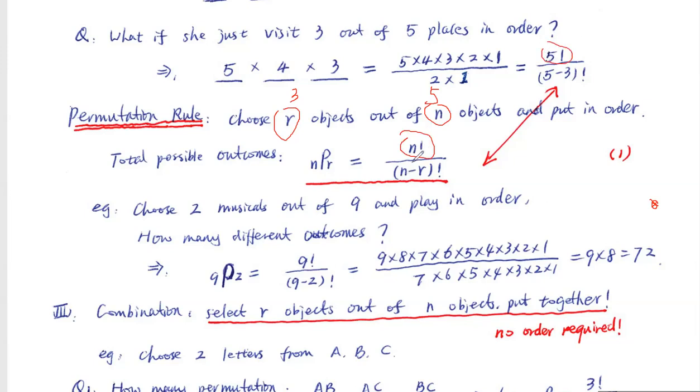The denominator is n minus r, bracket factorial. That's how many cases if you want to select R objects out of a total n and put them together, and the order matters. That's what we call the permutation rule.